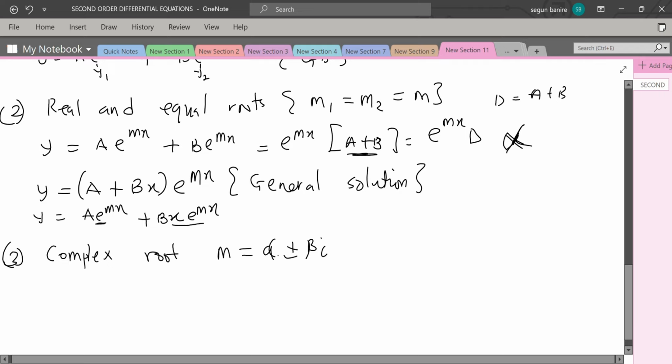This is a complex root. In this case, m1 is equal to alpha plus beta i, and m2 is equal to alpha minus beta i.